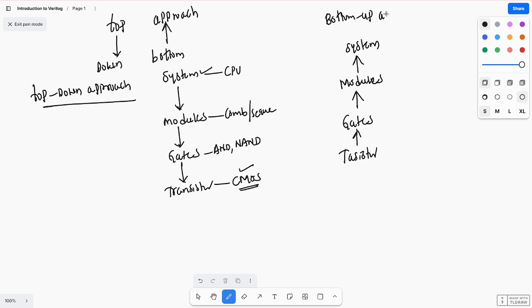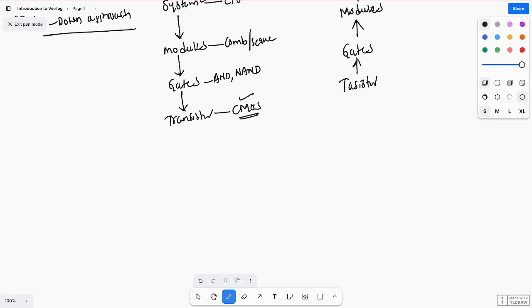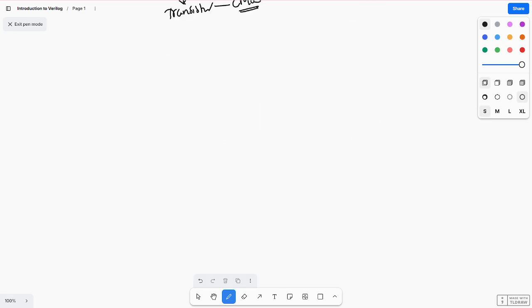Mostly in VLSI we use the top down approach only: we divide the system into modules, modules into gates and gates into transistors. Is it fine?